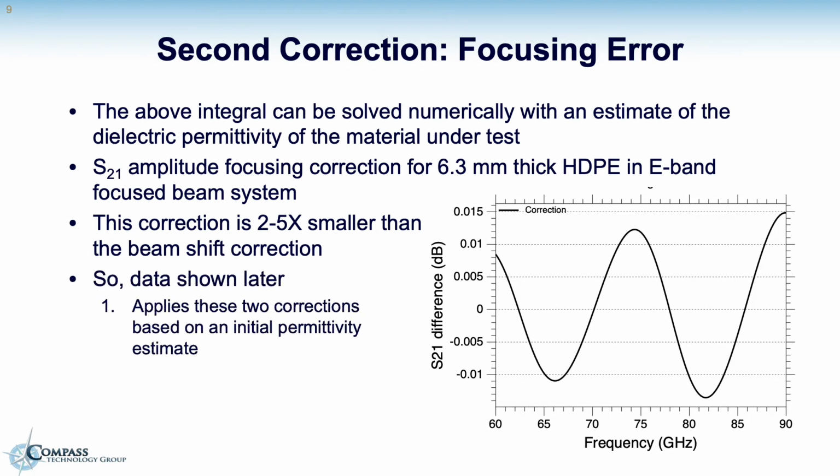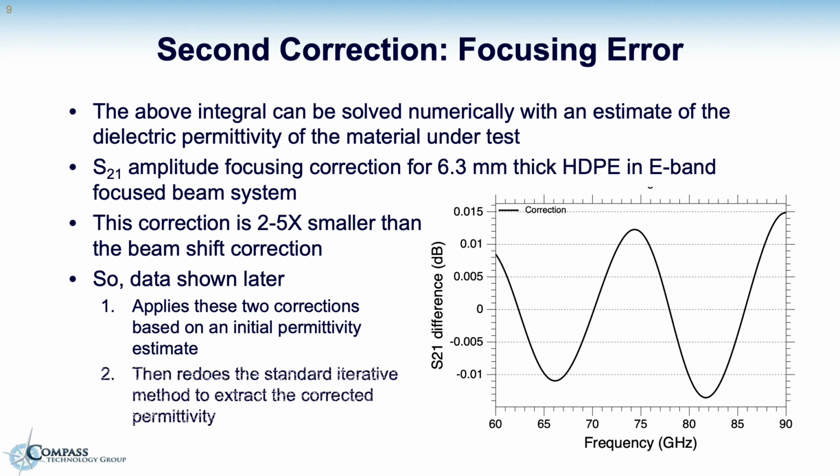But again, 2 corrections is better than 1, so we're going to use it. And as we'll show in a little bit, we'll show you some actual data where we show both uncorrected and then corrected. We're going to apply both of these corrections, the focusing error correction as well as the beam shift correction, and use that to update our iterative method to get a more accurate dielectric permittivity.